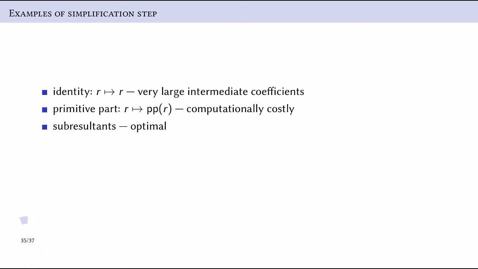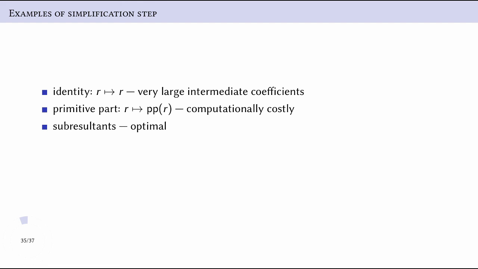Even if we start with polynomials having small coefficients, the coefficients that appear during the algorithm can be enormously big. In fact, we suffer from explosive growth of intermediate coefficients.